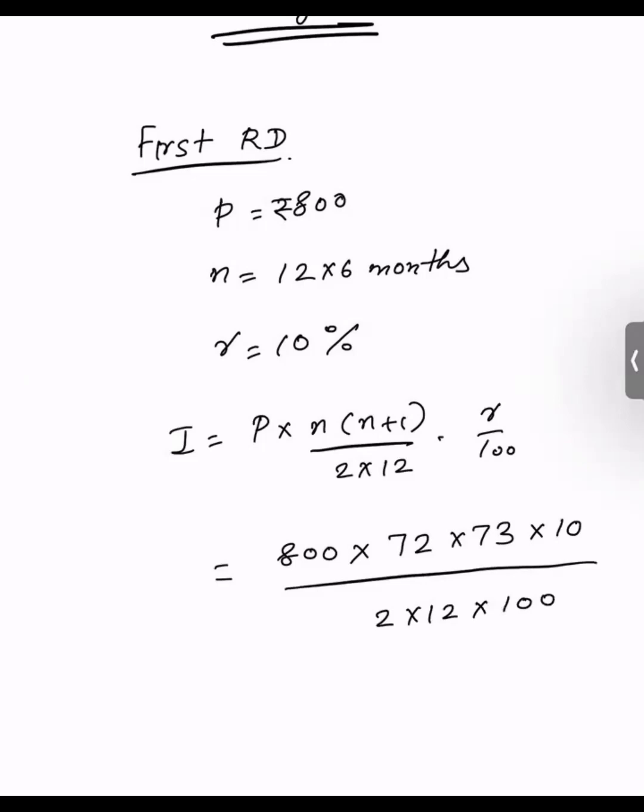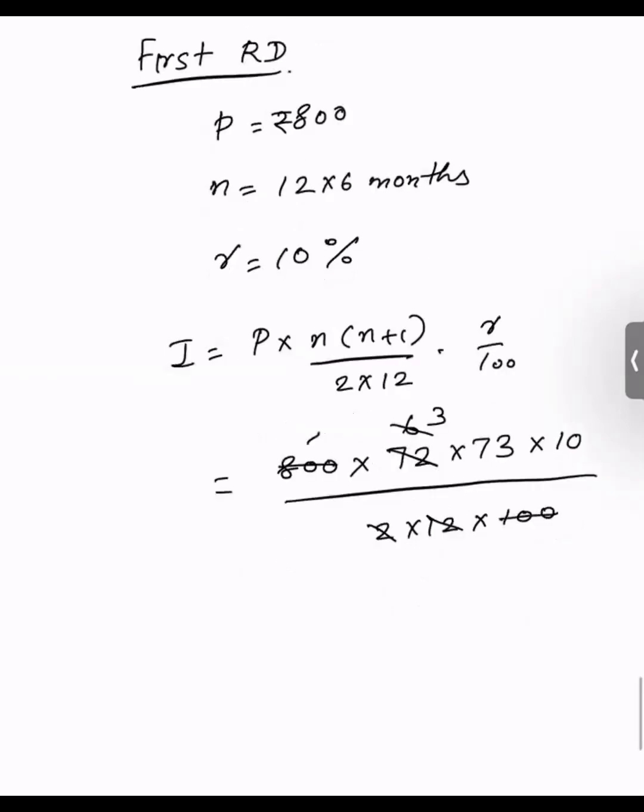Okay. So this and this will get cancelled out, and you can write 6 here. Again 2, and this will go, right, 300, and this will go off 8 times. So what is the final answer that you are getting? 17520 as the interest.